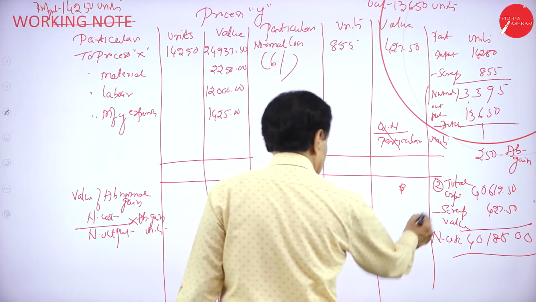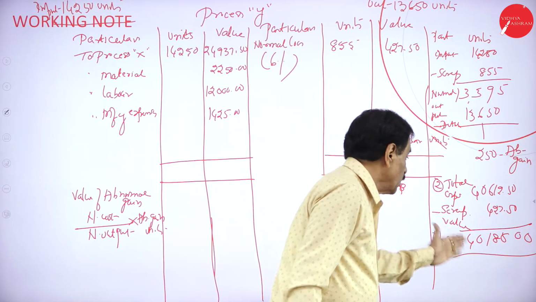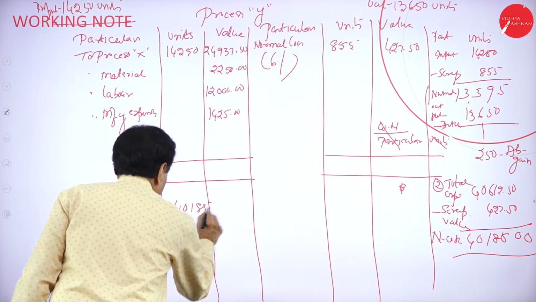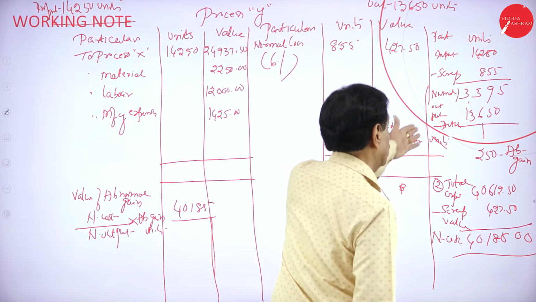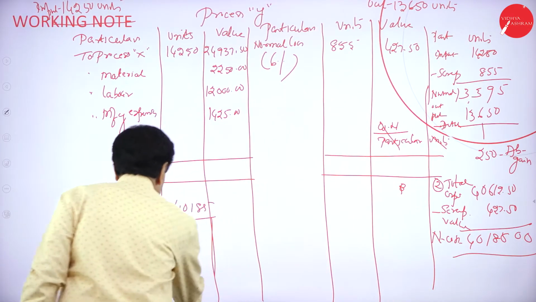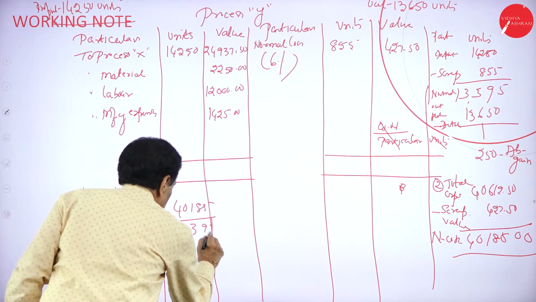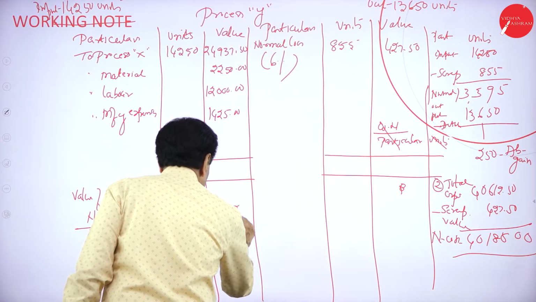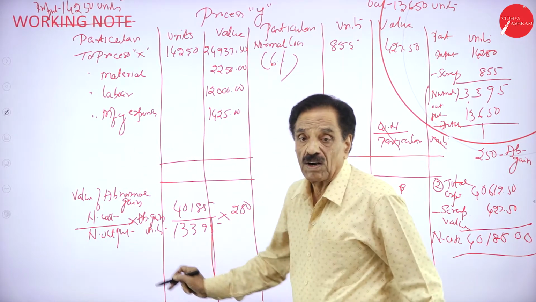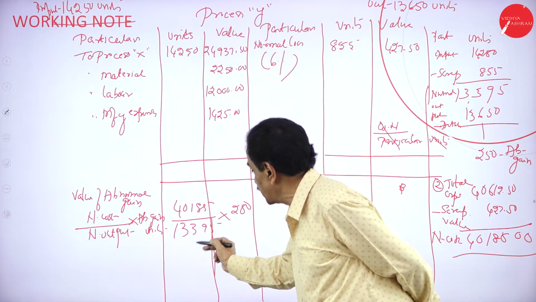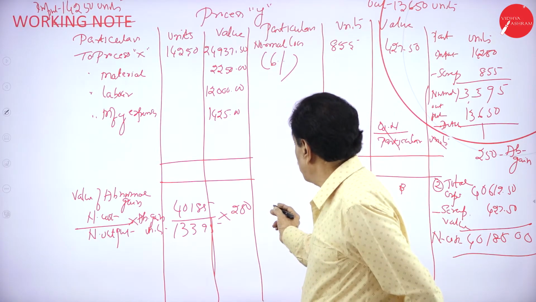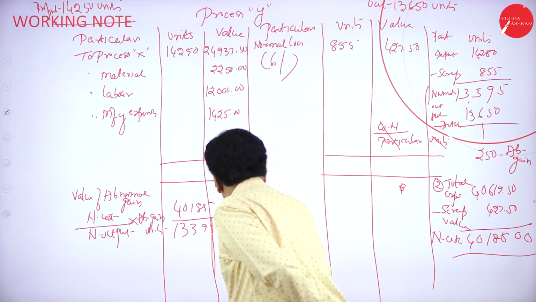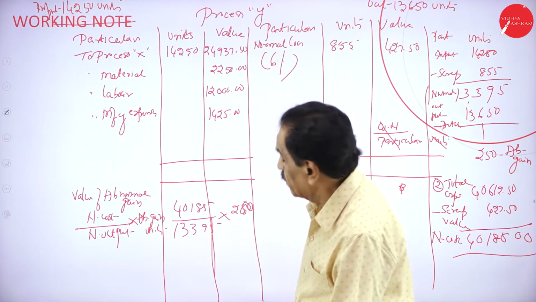What's your normal cost? Here, what's your total? 40,185. What's your normal output? 13,395. Into, what's your abnormal gain? 250 units. What's the value? 40,185 divided by 13,395 multiplied by 250 units.